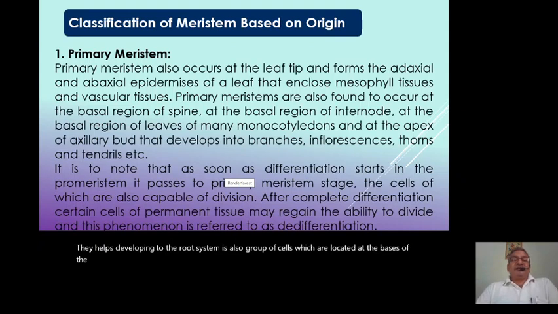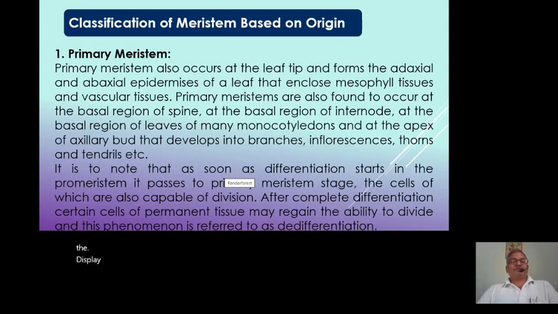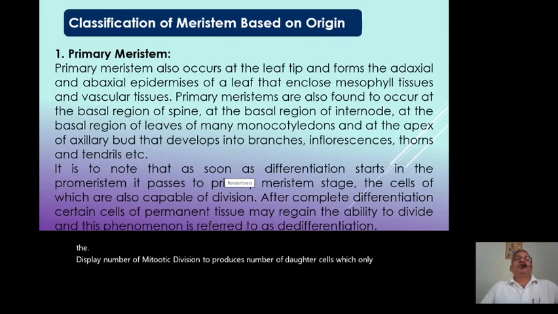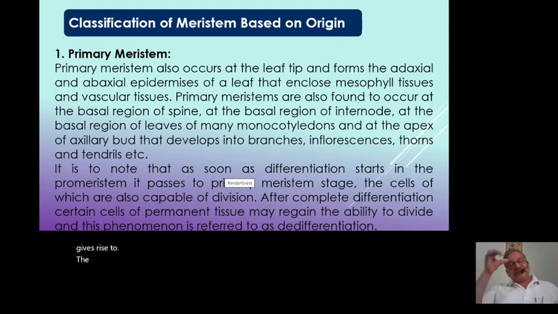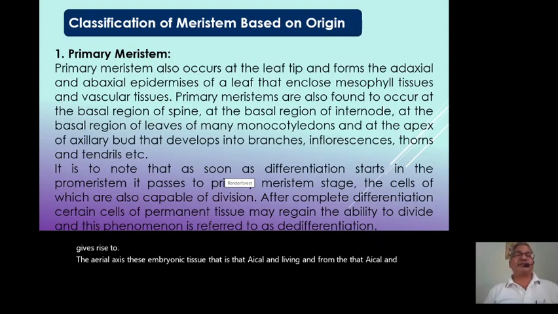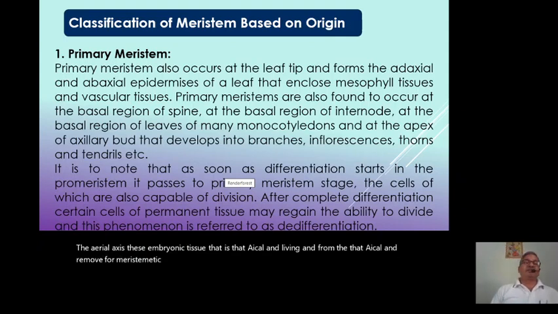This plumule undergoes a number of mitotic divisions so as to produce a number of daughter cells, which on differentiation give rise to the aerial axis. So this embryonic tissue, that is radicle and plumule, and the meristematic tissue developed from them, are called the primary meristem.